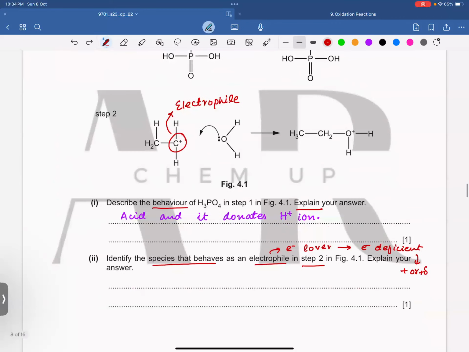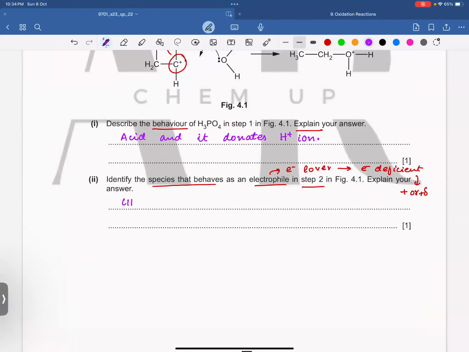So CH3CH2 positive is an electrophile as it accepts a pair of electrons.